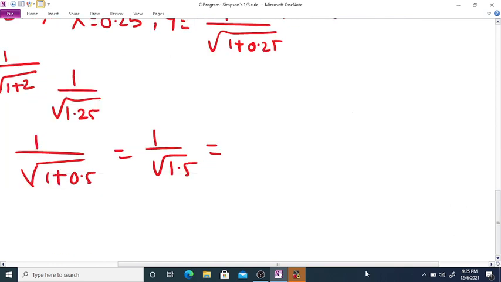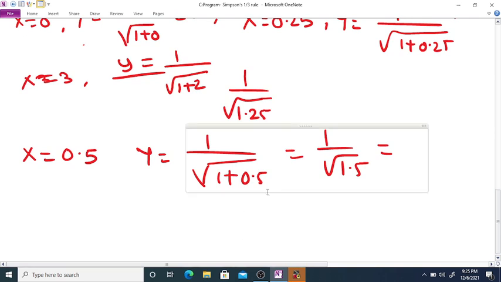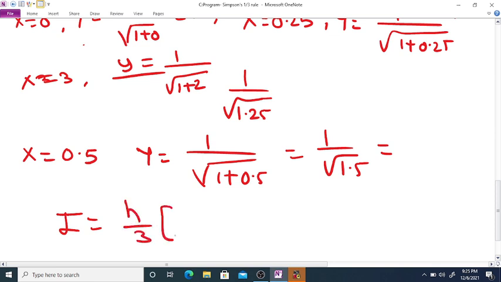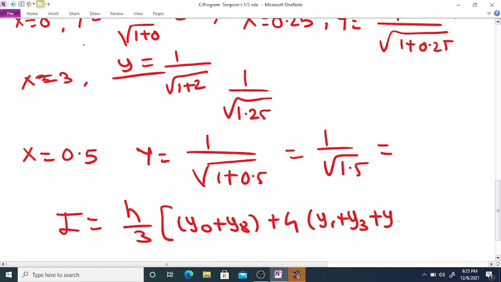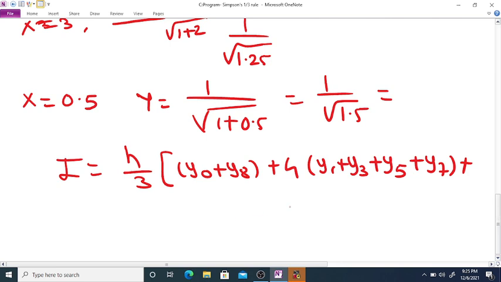So now if we write the Simpson 1/3 rule for the given points, then I is equal to h by 3 inside the bracket y0 plus y8 plus 4 times odd terms, that is y1 plus y3 plus y5 plus y7 plus 2 times even terms y2 plus y4 plus y6, bracket completed.